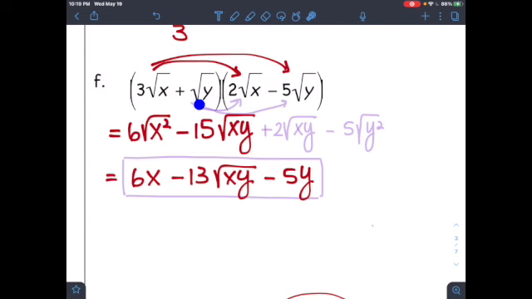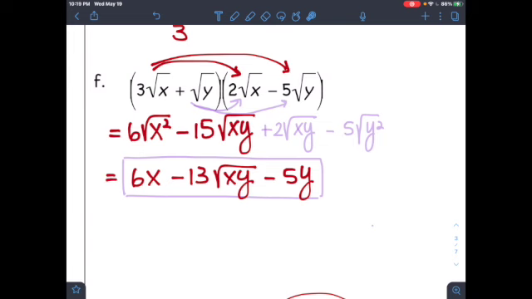Positive y, root y, and positive 2 root x, 2 xy, x times y. Then you do the last one, positive y root y times the negative 5 root y. So y times y, y squared. 5 is just outside. Notice I always say the signs to myself. Positive times a negative 5, that gives me negative 5.